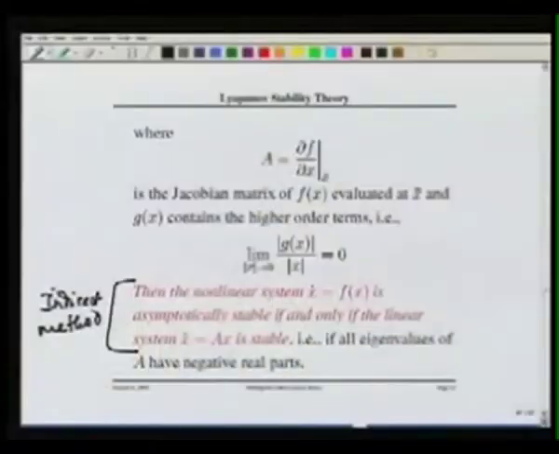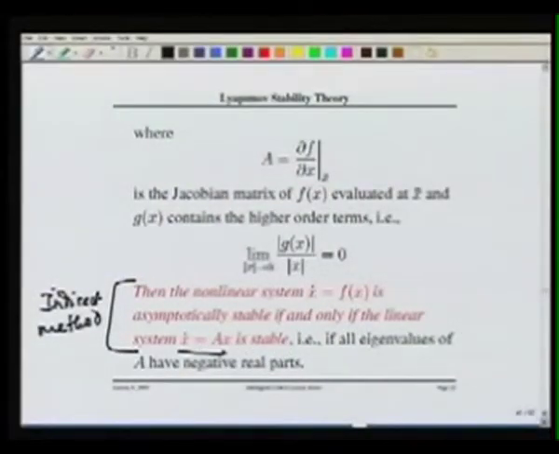If a system is stable around an equilibrium point, then for the linearized system around that equilibrium point, x dot equal to A x, if we analyze the stability of this system, all the eigenvalues of A must be in the left half of the s plane. All the eigenvalues must be such that the real part of the eigenvalues is negative.